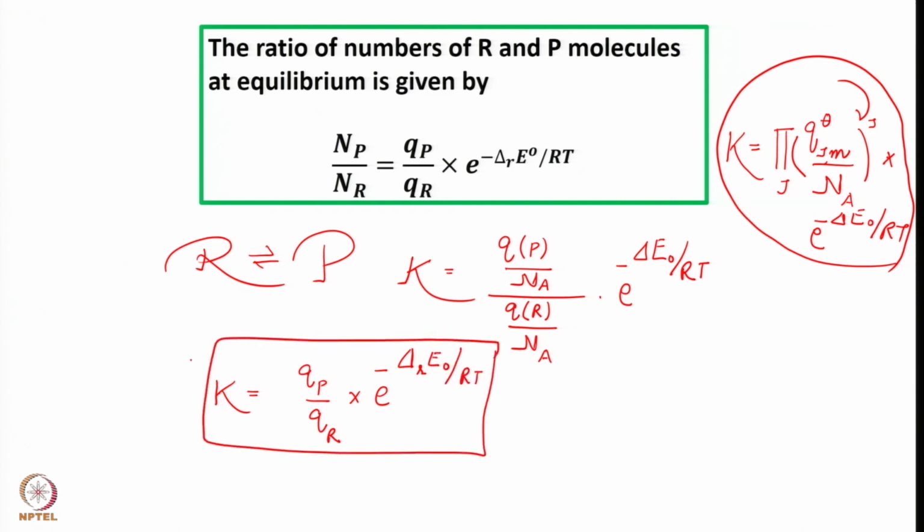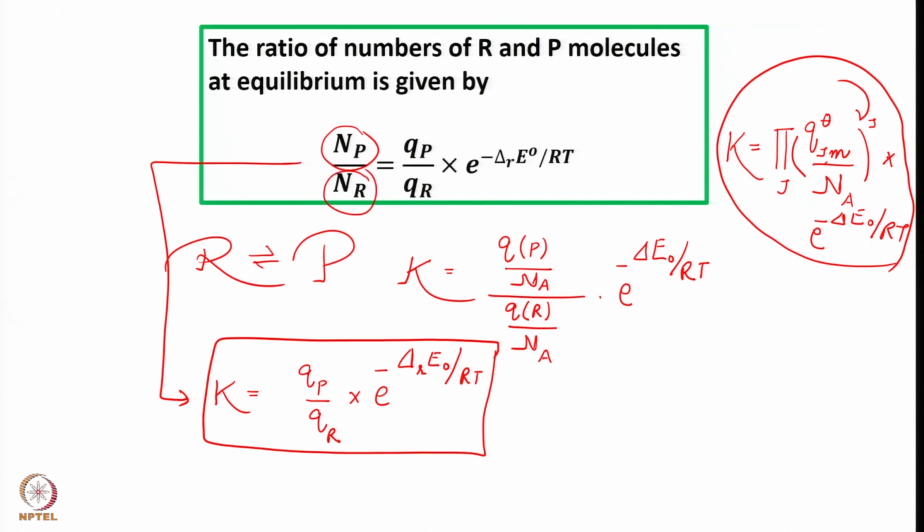If you compare these two, look at this. This is the same expression as this. So that means now my next step should be to find out an expression for number of product molecules and number of reactant molecules.